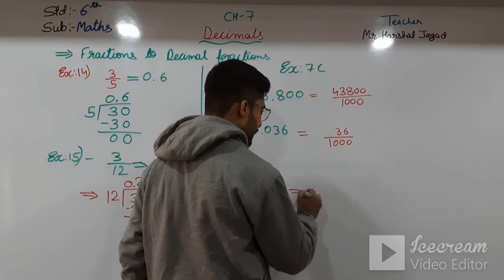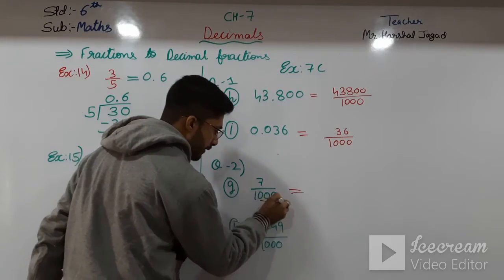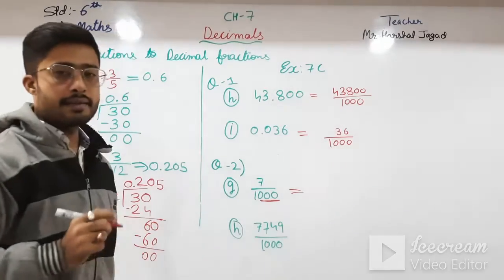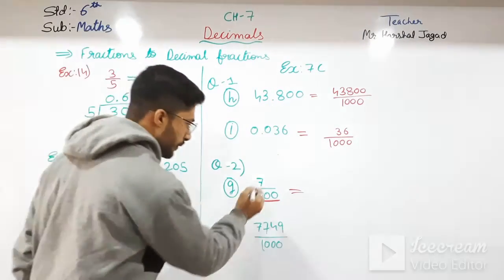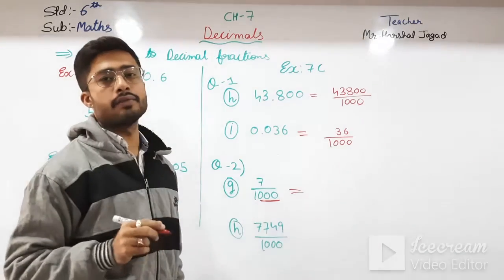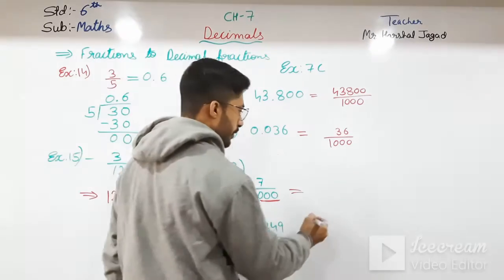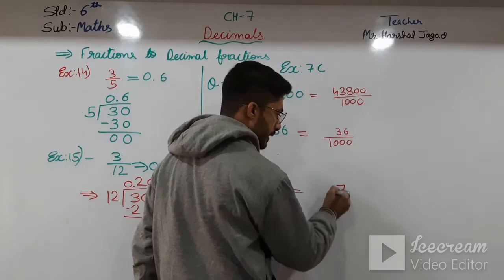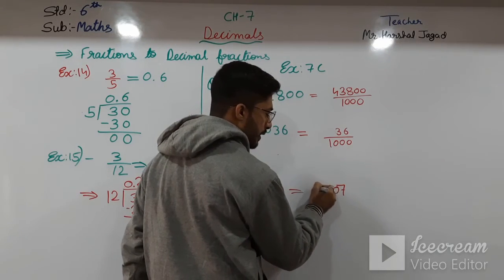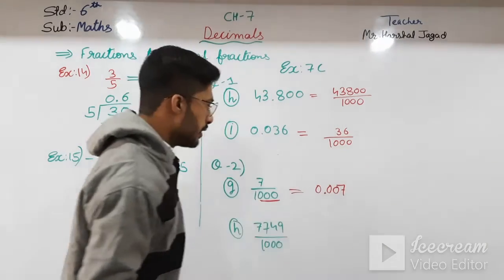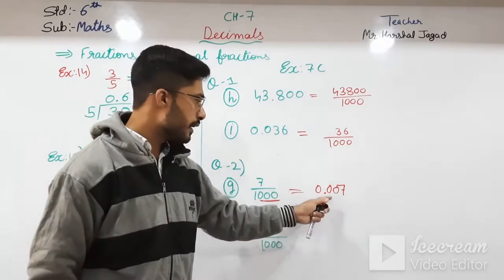Here 3 digits are there, so we have to put the decimal point after 3 digits, but there is only 1 digit, so we have to add 0s. Here is 1 digit, then 2, 3, then point and a 0. So our answer is 0.007.